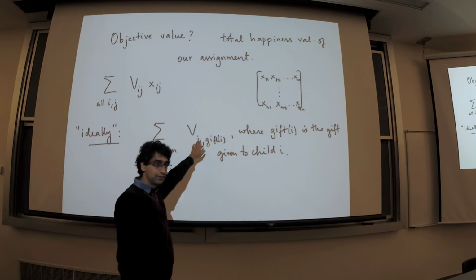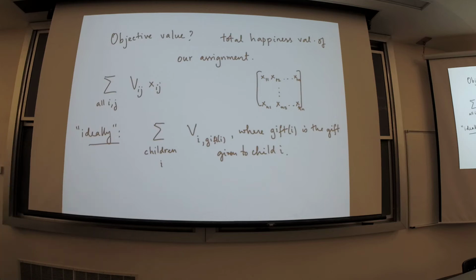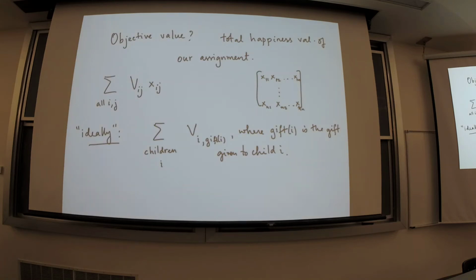This is what we would like to write, but this is exactly the same as that, because from the way we set up our constraints and these binary variables, you have xij equals 0 for all j that is not assigned to i, and for the j that is assigned to i, you have xij equals 1. So these two quantities are exactly the same. Is this clear for everyone?